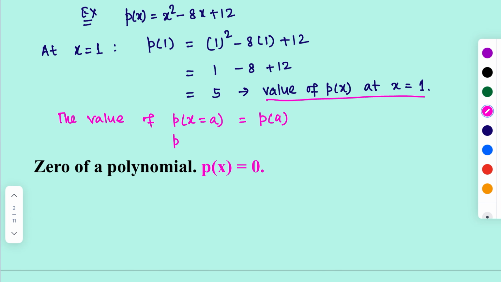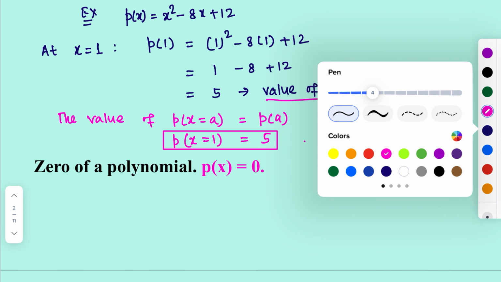Here a is 1, that is equal to p of 1, which is equal to 5. That means we have to put the value of a in place of x, then we will get the value of p of x at x is equal to a. Similarly, at x is equal to k, we have to put the value k in place of x, right?